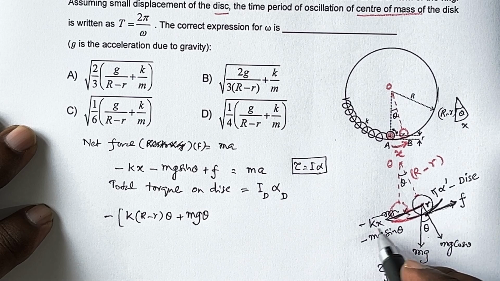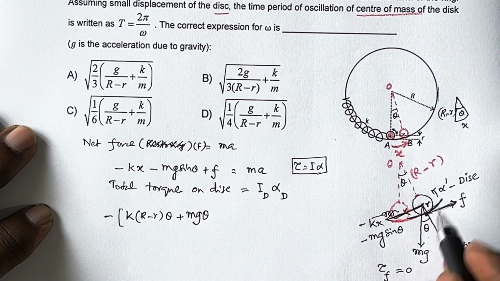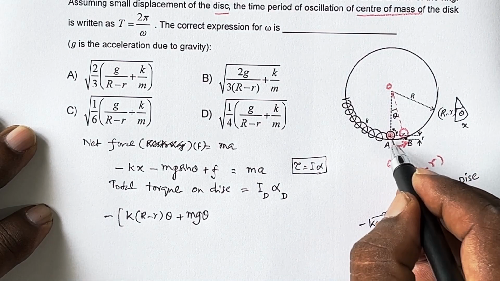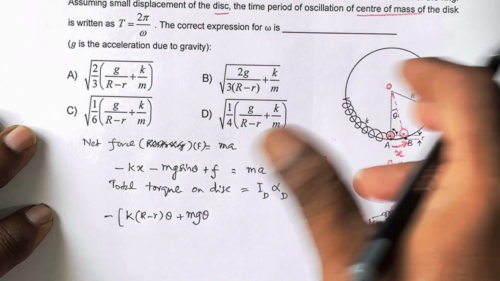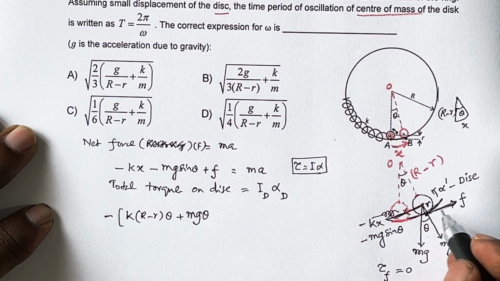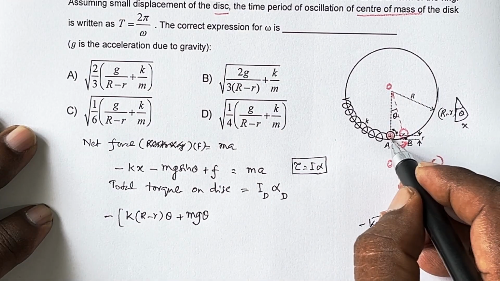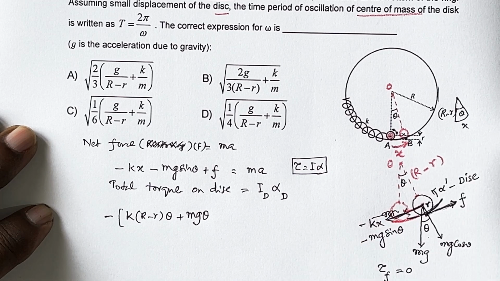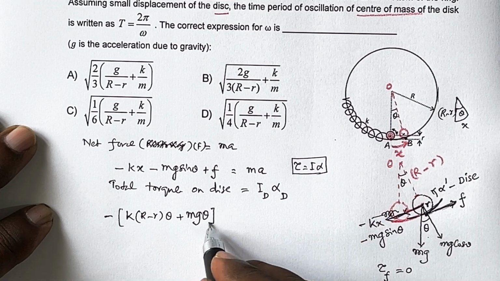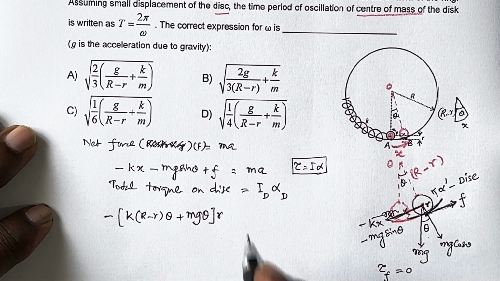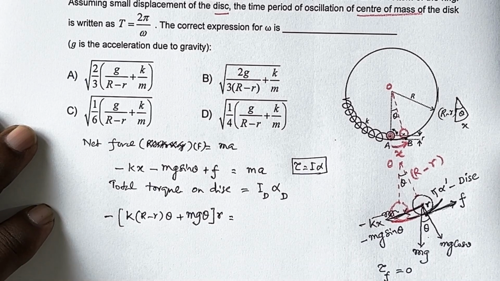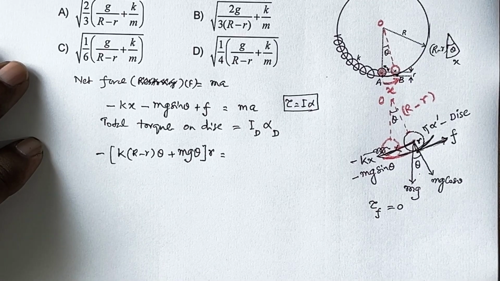Force into perpendicular distance. The force is kx, and the axis of rotation is here, as the disc is rolling. From the axis of rotation, the distance is small r, so I will multiply with small r, equal to the moment of inertia of the disc. This is another concept here.